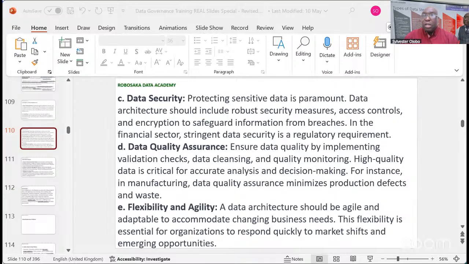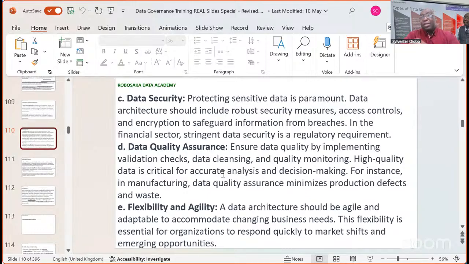So, right, let's move on. Okay, we have data quality assurance. Data quality assurance is about implementing validation checks, because you can't have assurance without checks. So this is very important.